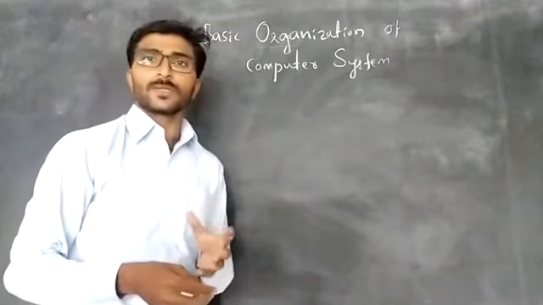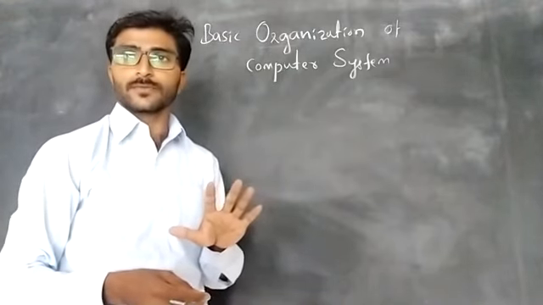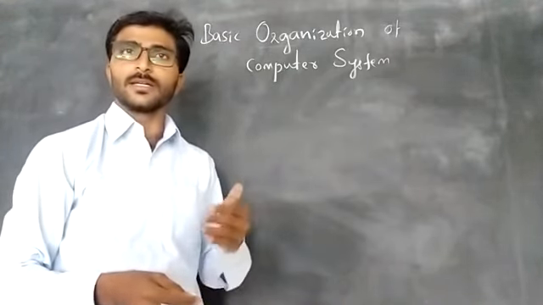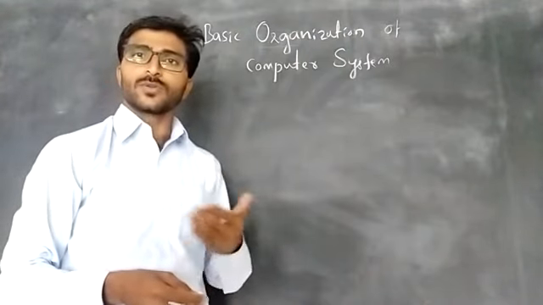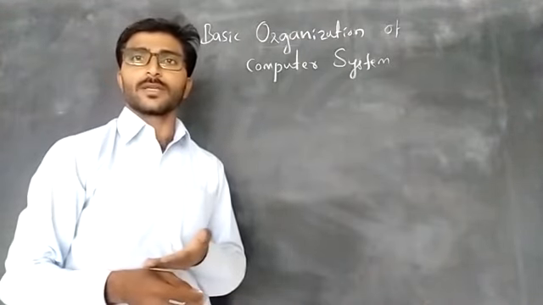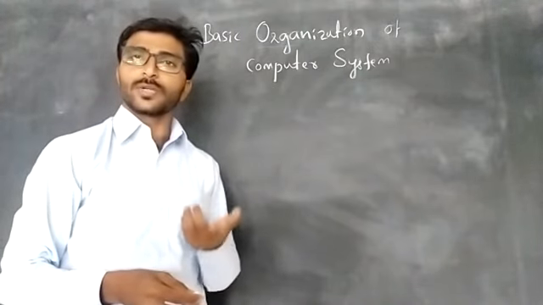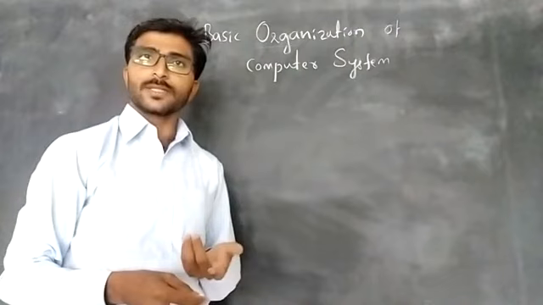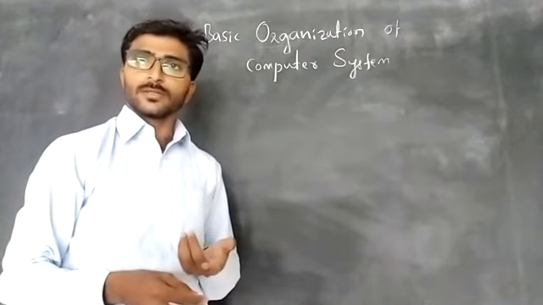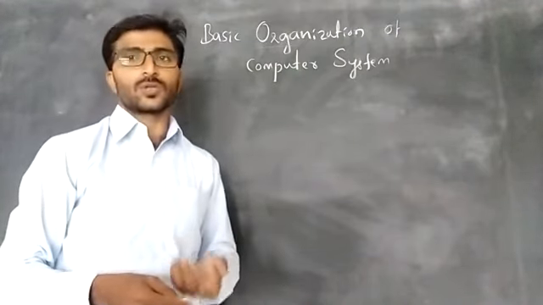Okay, so you know already there are 5 units or 5 functions. Here we can say those are units. So first one is input unit, second one is storage unit, third one is processing unit, then output unit and controlling unit.